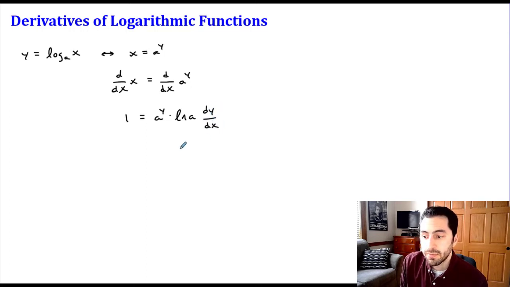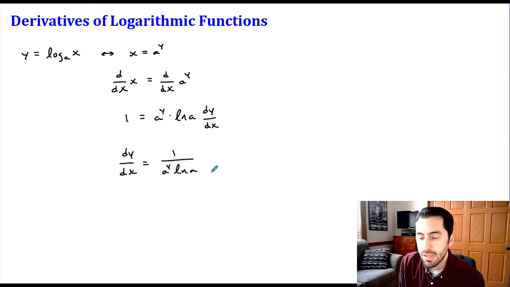The next step, we need to solve for dy over dx. So let's divide by our exponential and the natural log. So we get dy over dx is equal to 1 over a to the y times the natural log of a. Now we're actually going to do one more step. I end up with a derivative that has a y in the denominator, and I want this to be in terms of x.